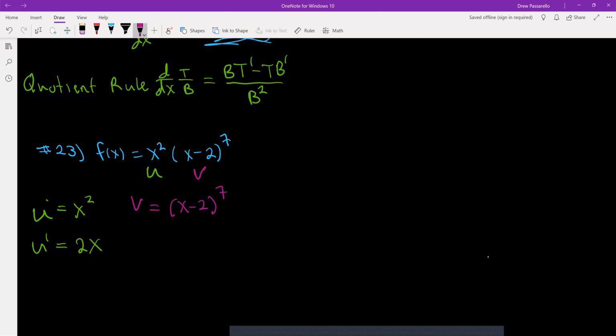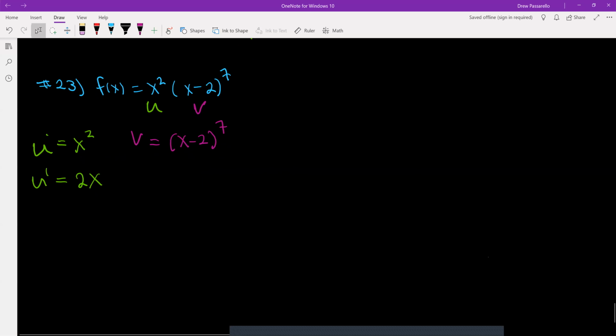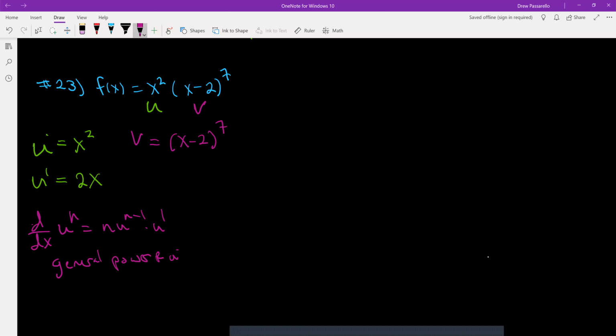Now if I were to find this derivative, I have to apply the chain rule. And in this case, it'll be the general power rule. Again, it's just an extension of the chain rule.